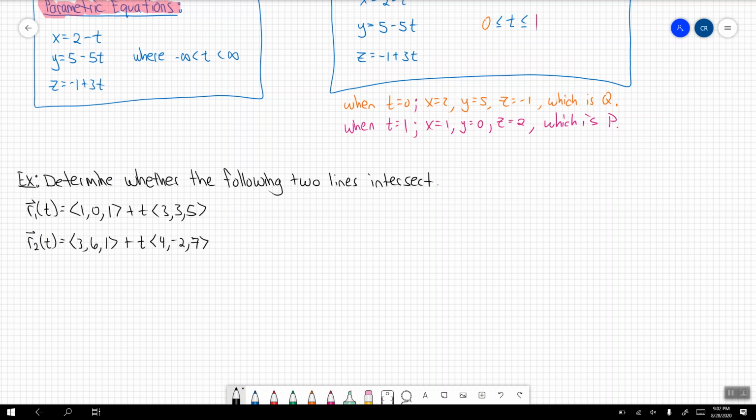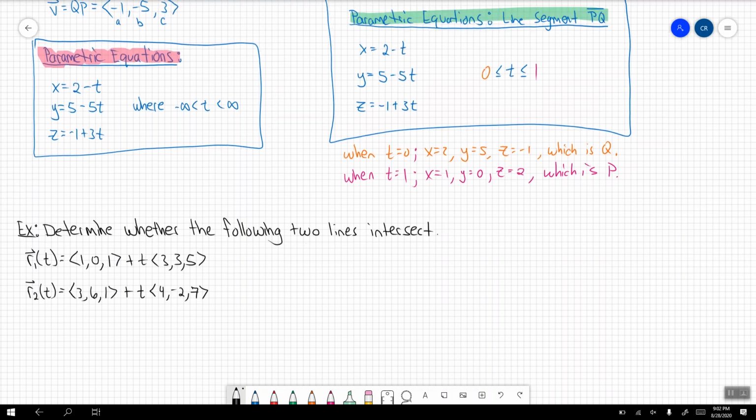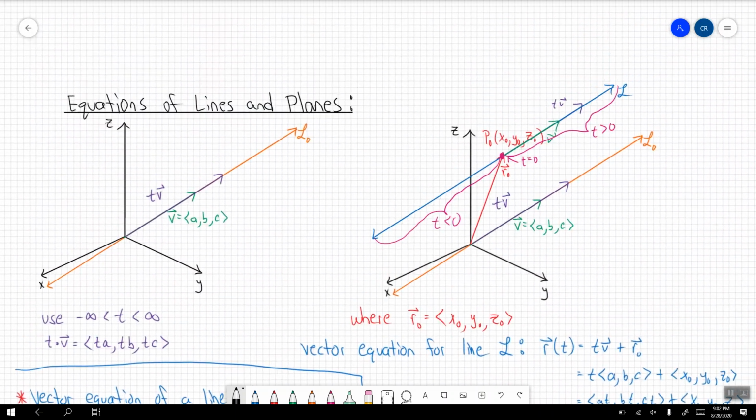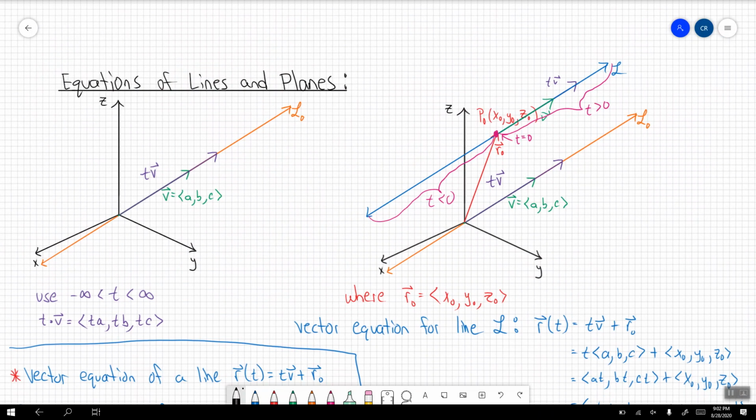Again, we want to investigate whether these two lines intersect. By the depiction from where we first started, we generated the equation of the line by finding a directional vector and then a point on the line in question.